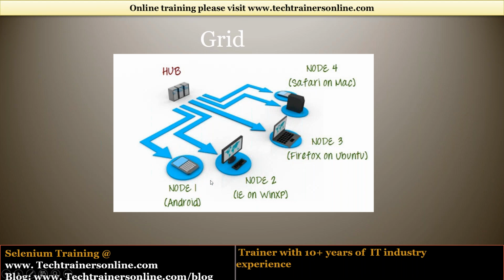Every action and every step you have automated is going to be executed at the same time on the different nodes, to make sure the system is really working fine and is compatible in different browsers and operating systems on different devices. That's exactly the main purpose of the grid, and that's the major purpose of using Selenium Grid.